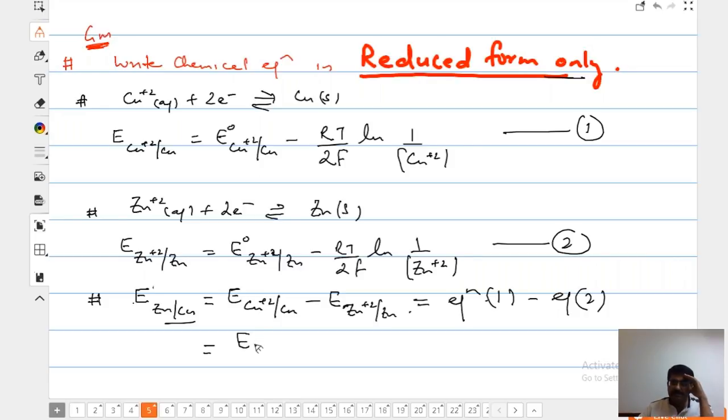So you're writing, son, this is E naught zinc copper. You understand what that is? 1.10 that we were discussing.